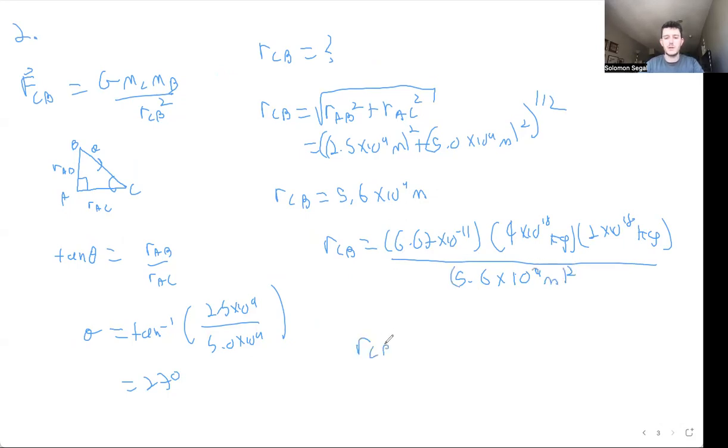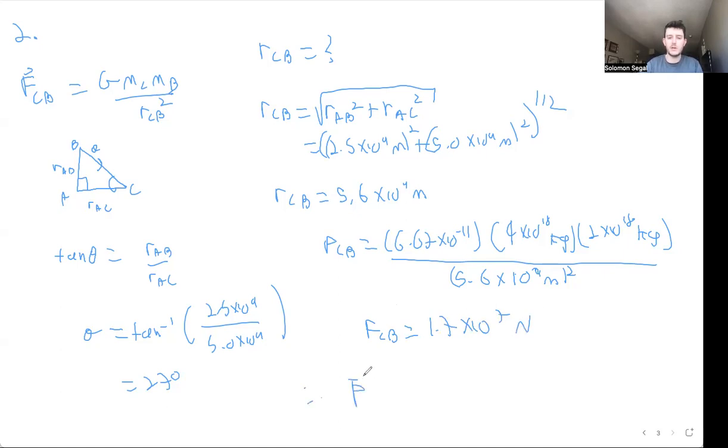And we get RC. No. RCB, that should be F. We get FCB equals, let's do it. Okay, 1.7 times 10 to the 7 newtons.